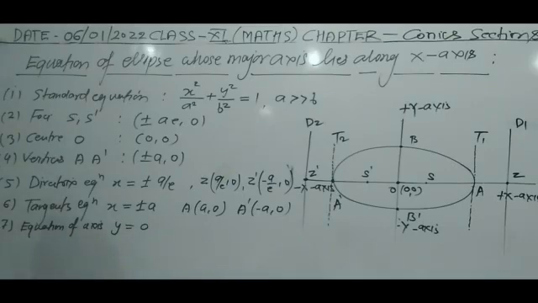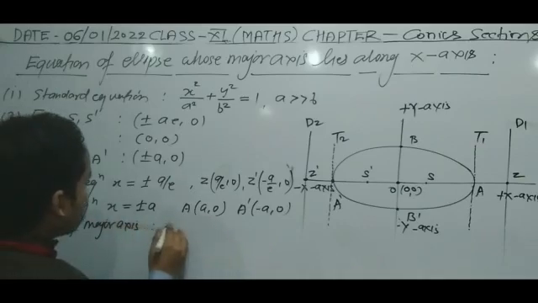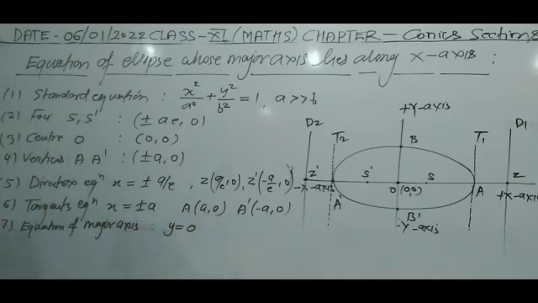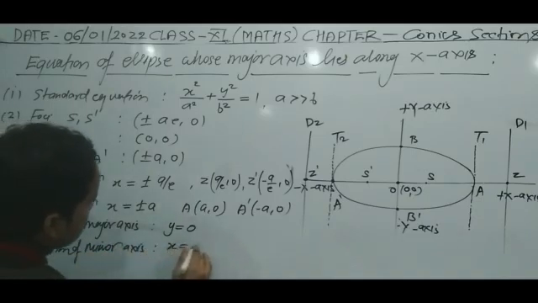Equation of major axis, that is y is equal to 0. Equation of minor axis, that is x is equal to 0.